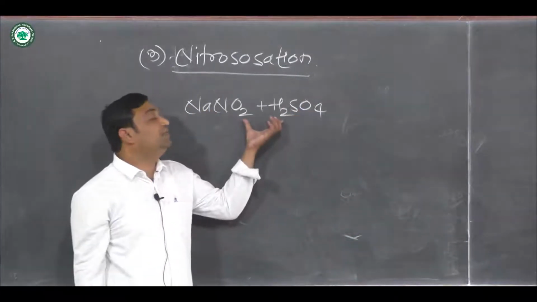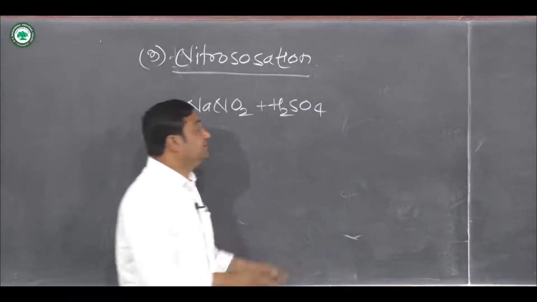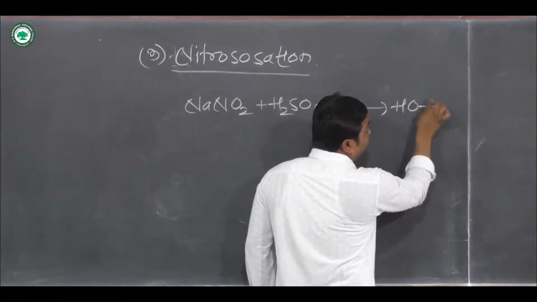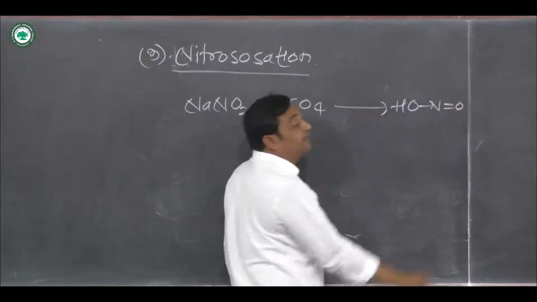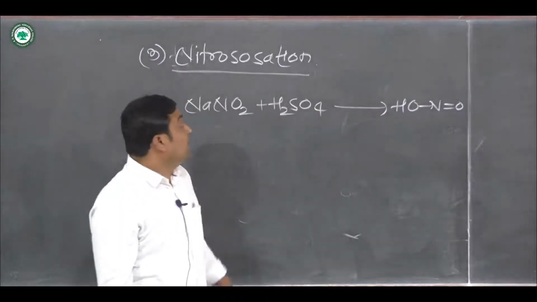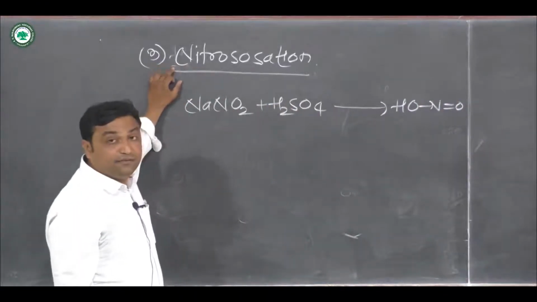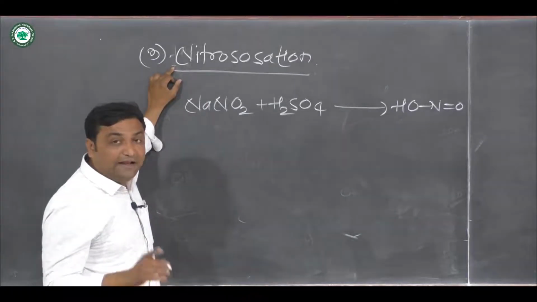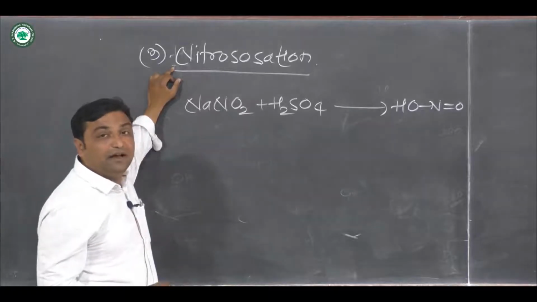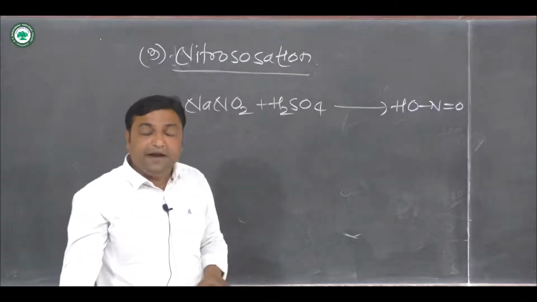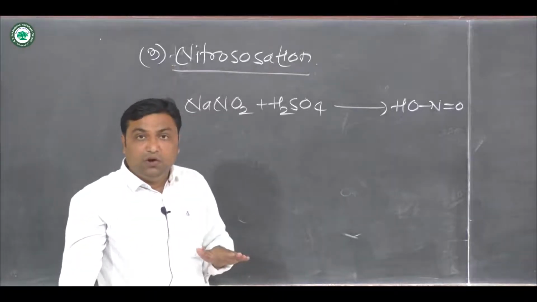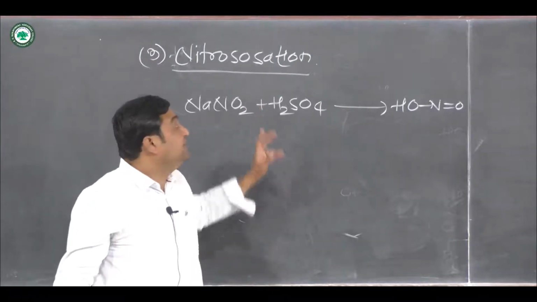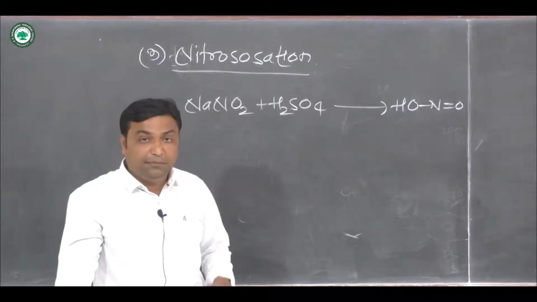Now the mixture of these two will generate HNO2, that is nitrous acid. When the nitrosation of phenol is carried out, the temperature of that reaction should be maintained below or equal to 5 degrees Celsius. It means this reaction is carried out at low temperature.